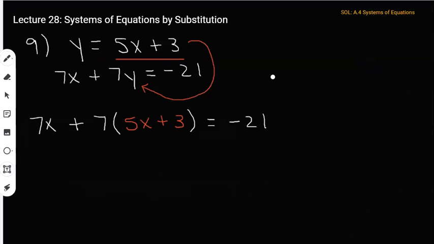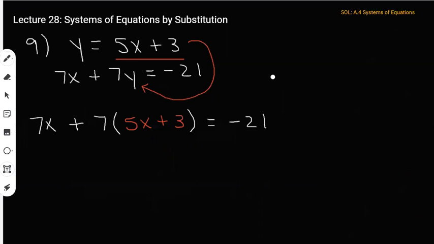So what I did here was I substituted the 5x plus 3 in for y. So the 7x stays the same, the 7 out in front stays the same, but y has been replaced by 5x plus 3, because I know that y is equal to 5x plus 3, right? And then the negative 21 is still the same.